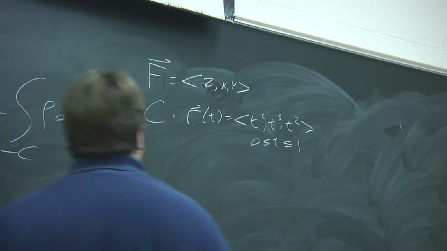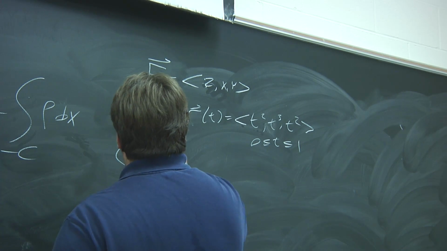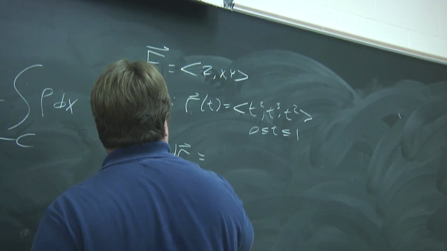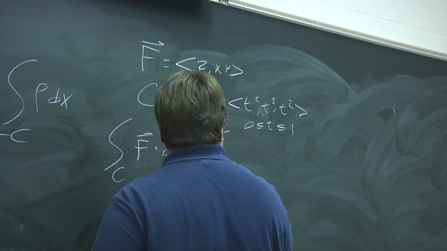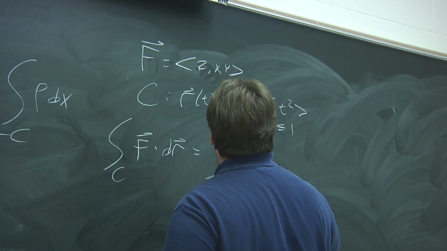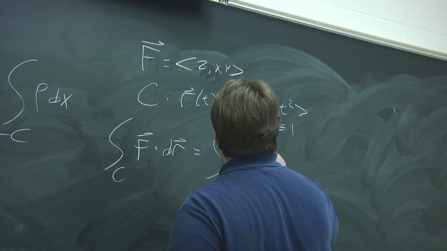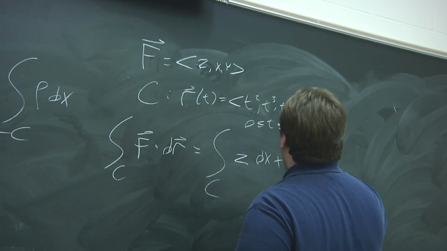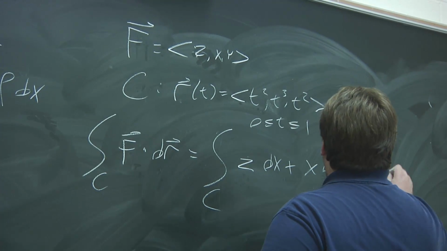Then our line integral of the vector field over our curve can be written as the integral over the curve of z dx plus x dy plus y dz.